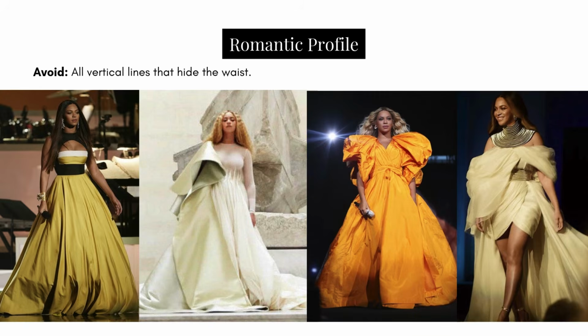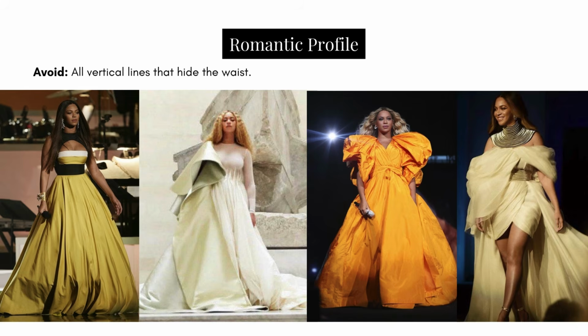I wanted to explore this idea of all vertical lines that hide the waist in more detail. So here we have Beyonce in a couple of looks that I really feel do not flatter her, and what they are doing more than anything is maintaining one long vertical. So we have this solid coloring from top to bottom for the most part, and then we have very little in the way of waist definition, or even if we have it, the nature of the fabric and the styling of the dress is such that it doesn't really stand out because there's too much volume in these dresses.